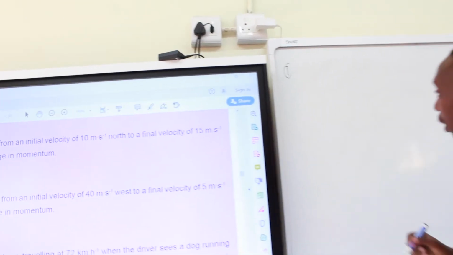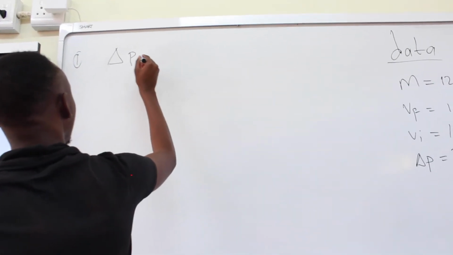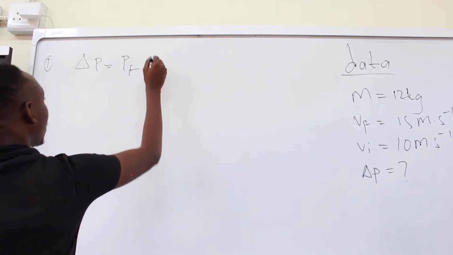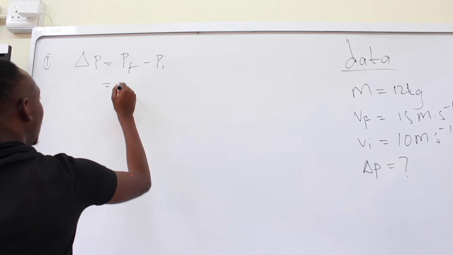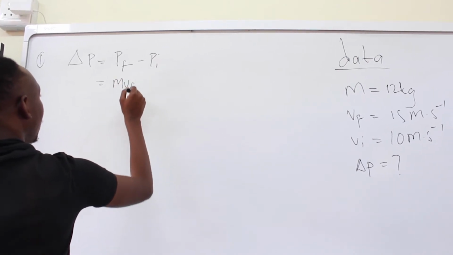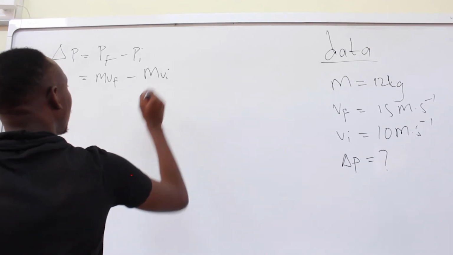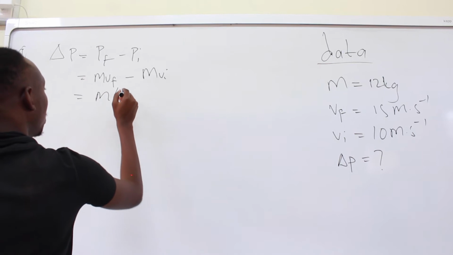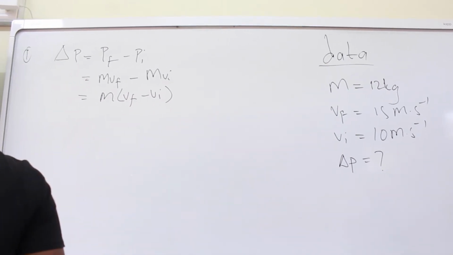The formula is change in P equals the final momentum minus the initial momentum. Final momentum is the mass times the final velocity, minus the mass times the initial velocity. From here you can take out m as the highest common factor to have final velocity minus initial velocity in the bracket.